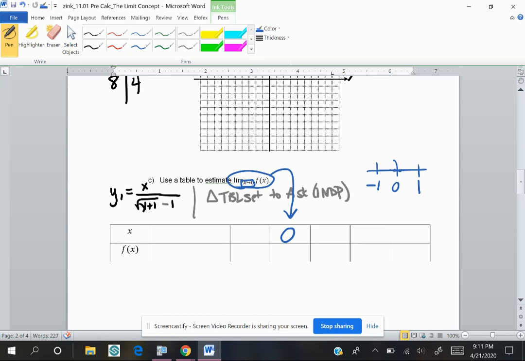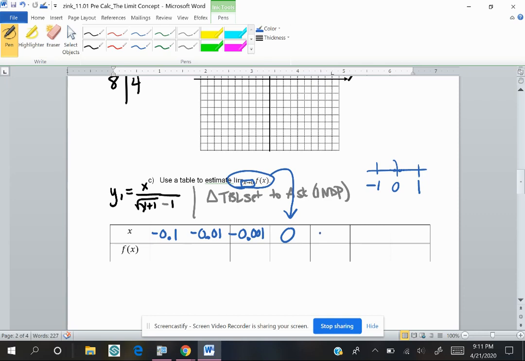So maybe I start with negative 0.001. And then going out further, maybe I do negative 0.01. And as I go to the left, I'm going further away from 0.